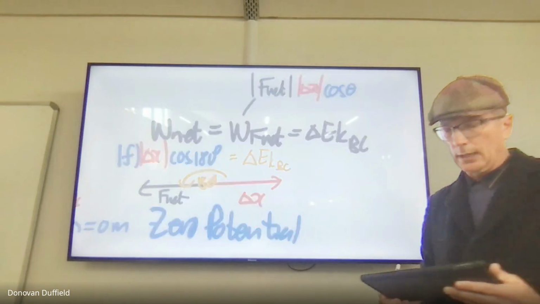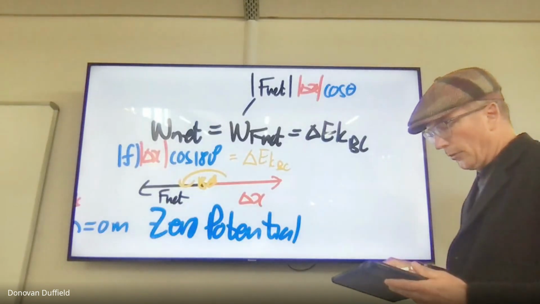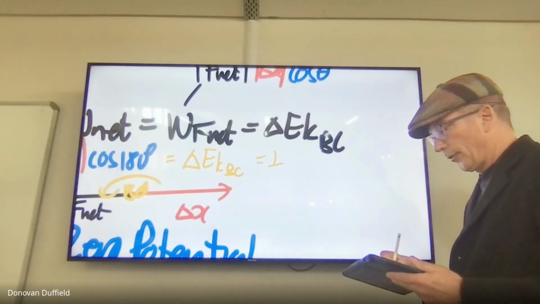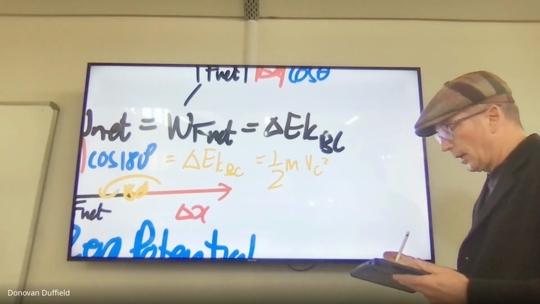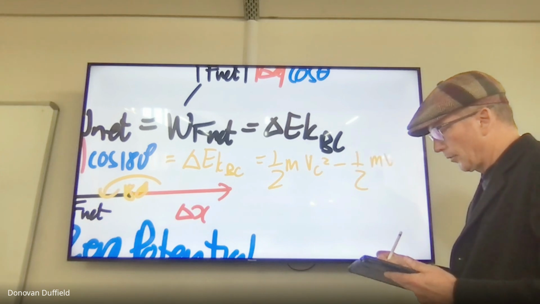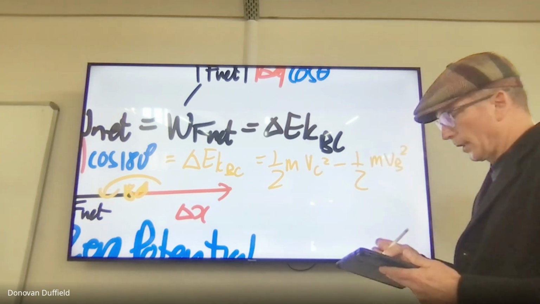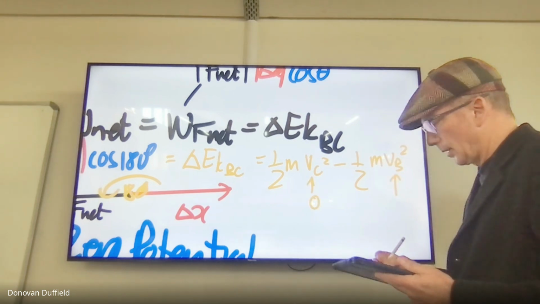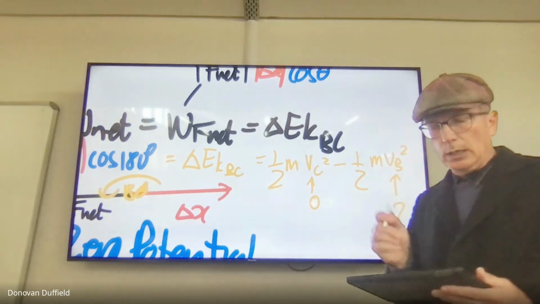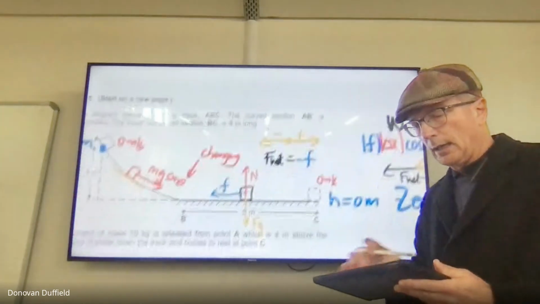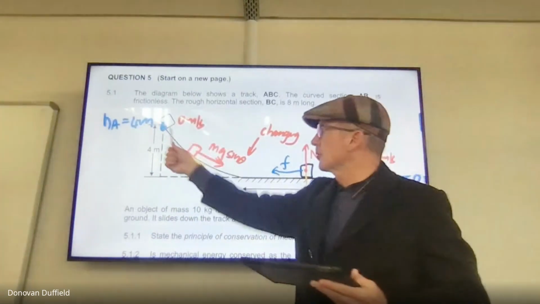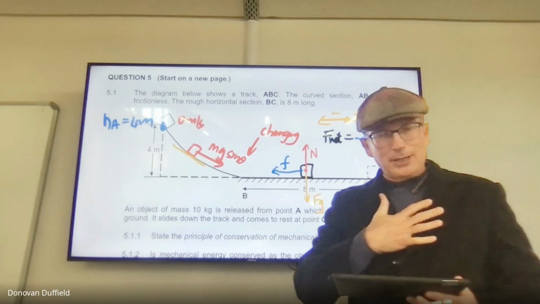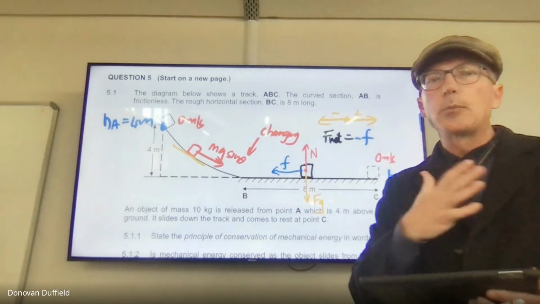All right, so going back here, we would have to work out half the mass times Vc squared minus half the mass times Vb squared. That's cool. This is 0. This is 0. But this, we would have to get Vb by doing the calculation using conservation of mechanical energy between A and B. You can do that, get the same answer.